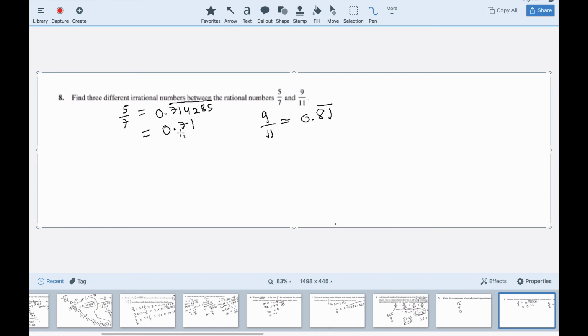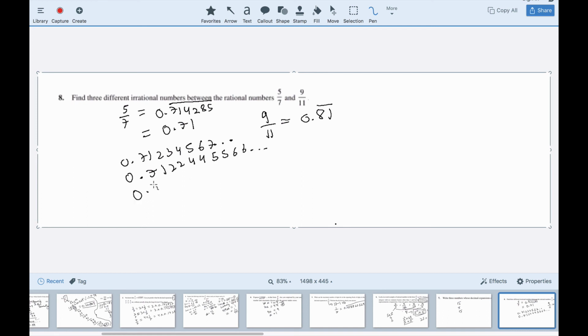So they can be any. If it's starting from 0.71, I can put as many zeros as I want, and the same here. So the first one can be 0.7, 2, 3, 4, 5, 6, 7, anything I can write. But it should not be repeated. Then I can write 0.7122445566 and so on.